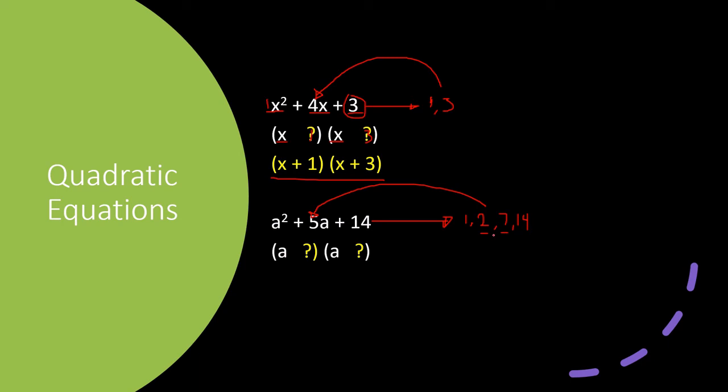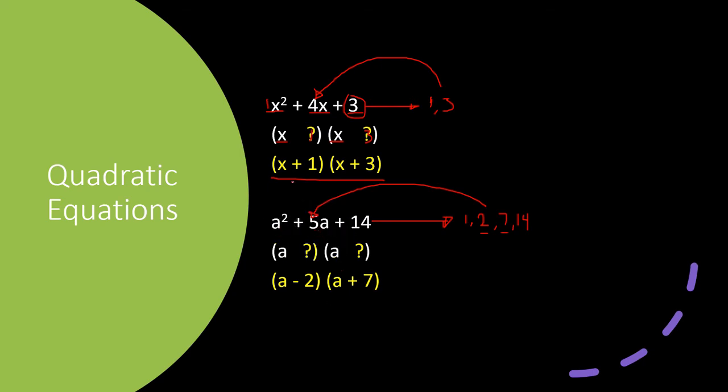I still have to write my numbers in chronological order. So the 2 is going to go in here, and the 7 is going to go in here, but the 2 has to be the negative one, and the 7 has to be the positive value. That way I can end up with a positive 5.